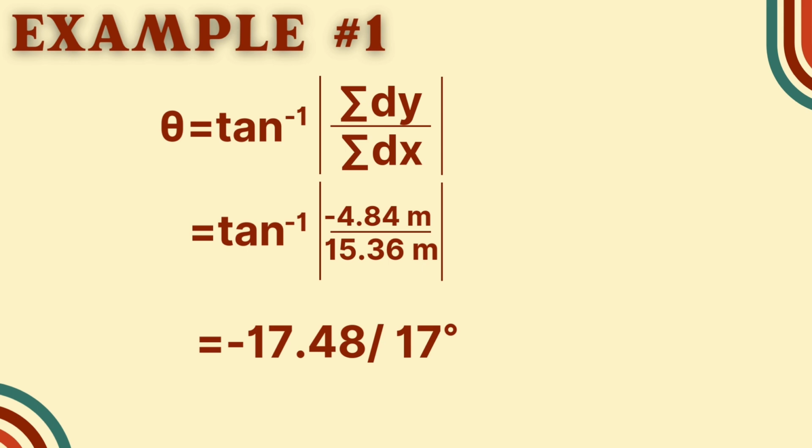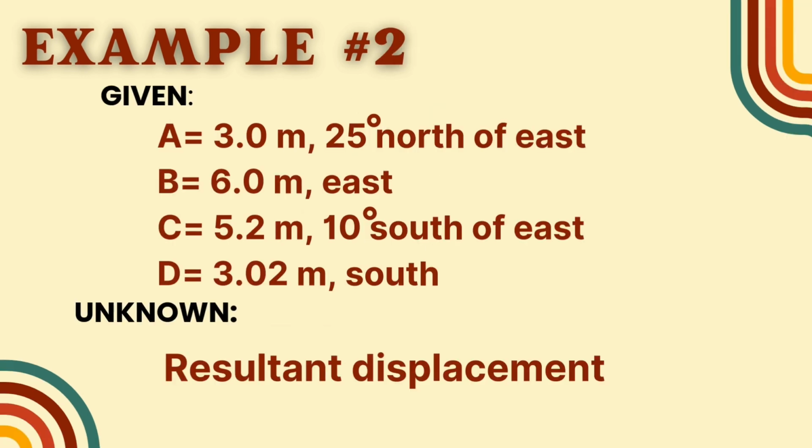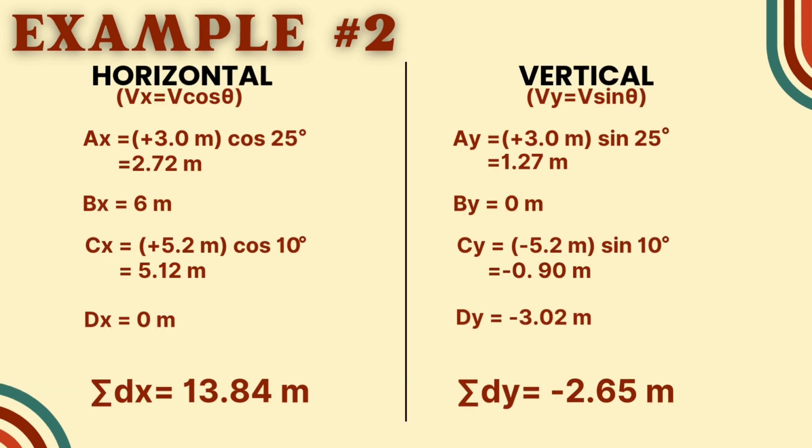For our second example, A is equal to 3.0 meter 25 degrees north of east, 6.0 meter east, 5.2 meter 10 degrees south of east, and then 3.02 meter south. For our Ax is 2.72 meter and Ay is 1.27 meter, Bx is 6 meter and By is 0 meter, Cx is equal to 5.12 meter and Cy is equal to negative 0.90 meter and Dx is equal to 0 meter and Dy is equal to negative 3.02 meter.